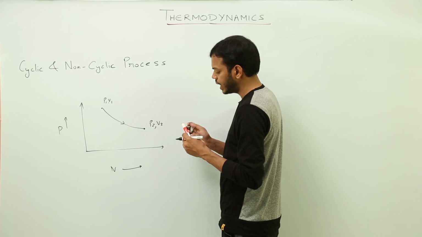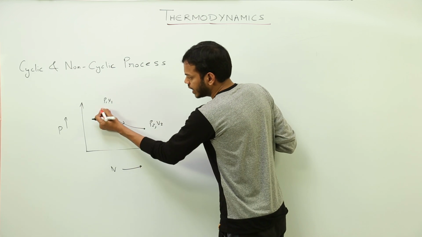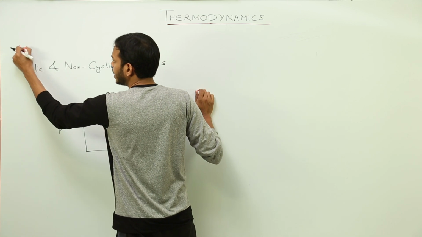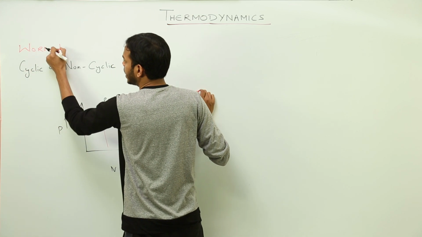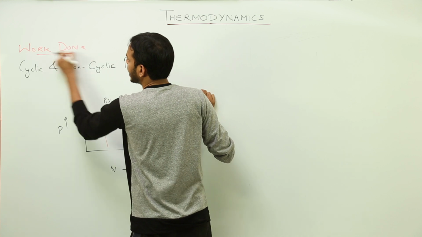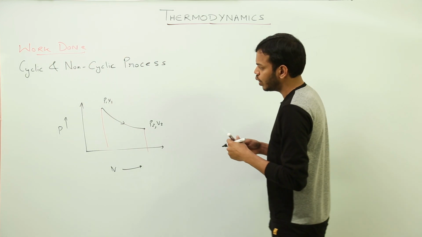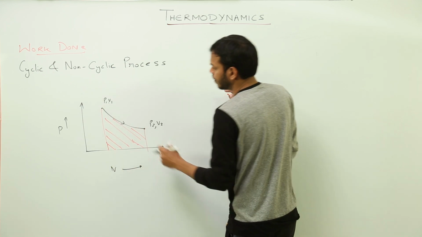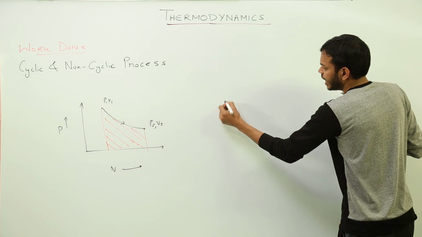So in such kinds of processes, the work done, what we are doing right now is calculating the work done in case of cyclic and non-cyclic processes. In a non-cyclic process, the work done would be the area under the curve. But consider another process.